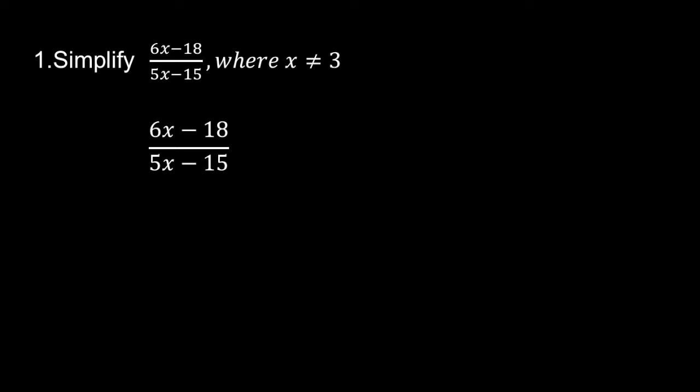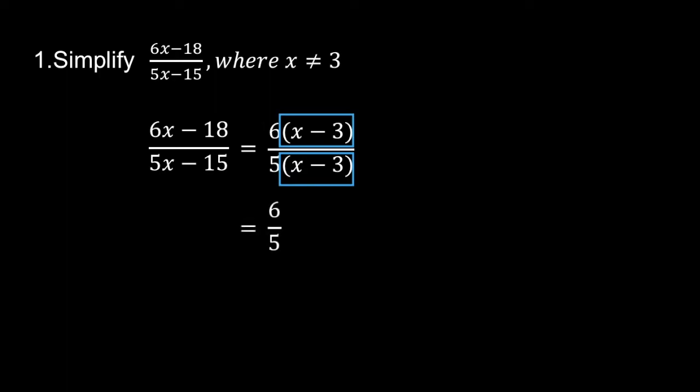For instance, in this expression, we factor the numerator and the denominator as 6 times x minus 3 and 5 times x minus 3, respectively. We see that we can divide x minus 3 and x minus 3 to get 1, giving us 6 over 5. After simplifying, remember that the restriction for the expression solution set remains.